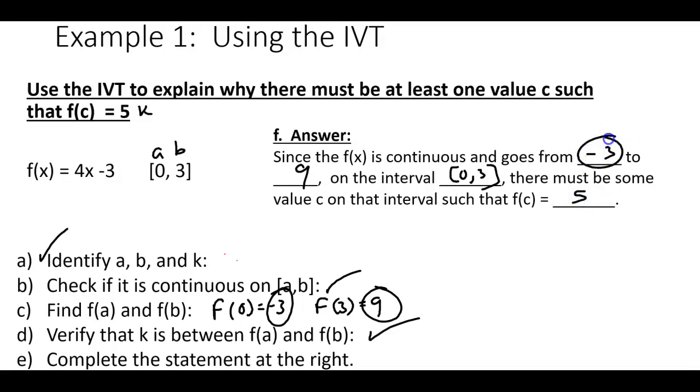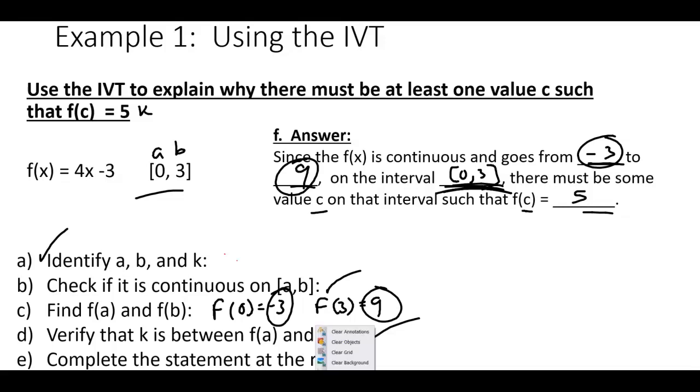You put your two y values here, and you have to specify the interval you're working on. That means there has to be some c on that interval such that when you plug it in, you do get that y value, because that y value is between your two other y values. In other words, on that interval, the function has to cross the y value of 5 to get there. That's how you would word it.